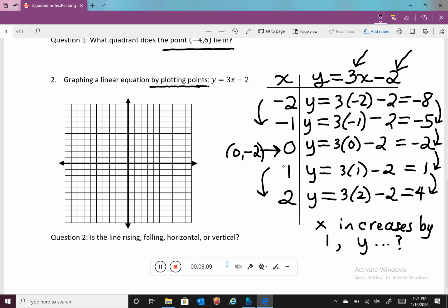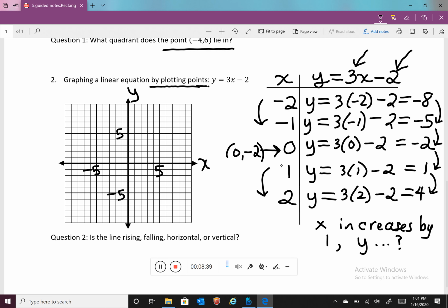Okay, so then in order to graph this, we need to do as before. We need to label X, we need to label Y, and we need to also show scale in all 4 directions so that we can actually plot these points. Now notice most of my points are very close to the origin, so I'm not going to go very far. The scale can be a value of 1, so I'm going to go 5 to the right, up, to the left, and down.